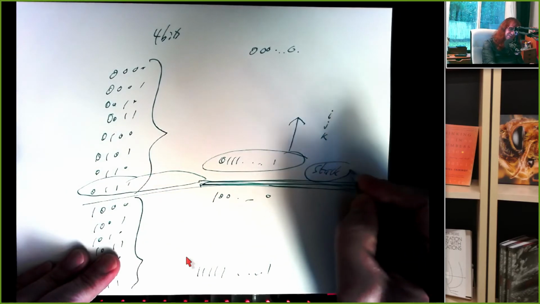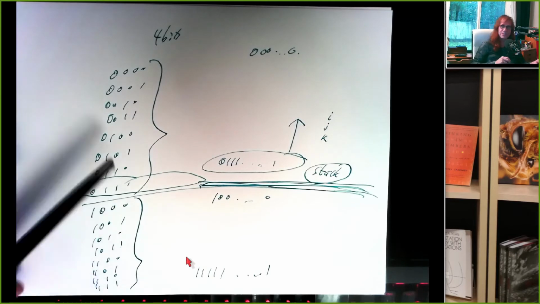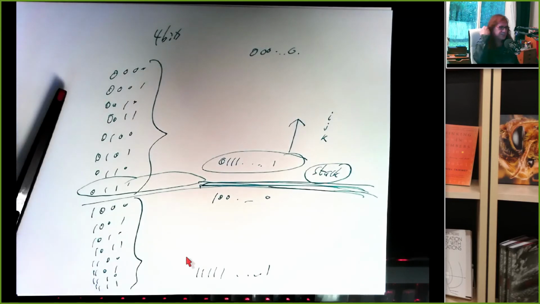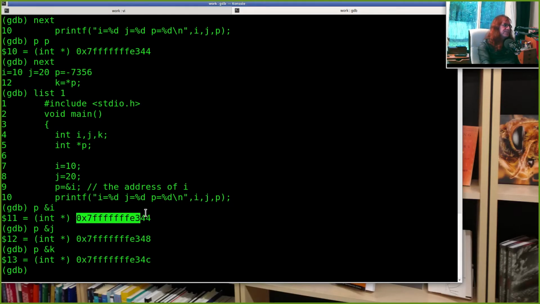If you've done Engineering 270 or you've played Magic the Gathering, you're familiar with the concept of a stack. But a stack is a type of data structure. We're going to talk about stacks in this course as a data structure. But it's an area of memory that usually starts around this location. Actually 7 F's with F's all the way through.